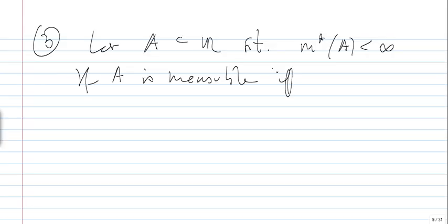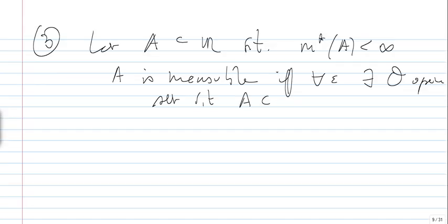We know that A is measurable if and only if, for every epsilon, there exists an open set O such that A is in O and the outer measure of O minus A is less than epsilon. Great. So assume that A is not measurable.